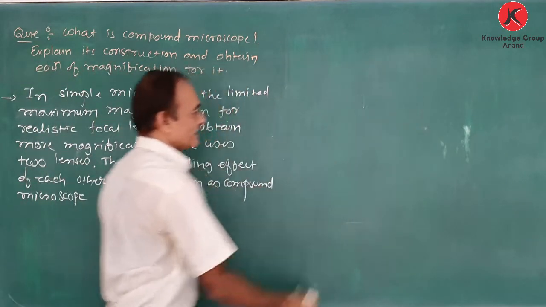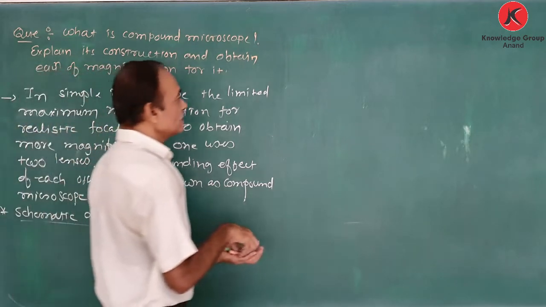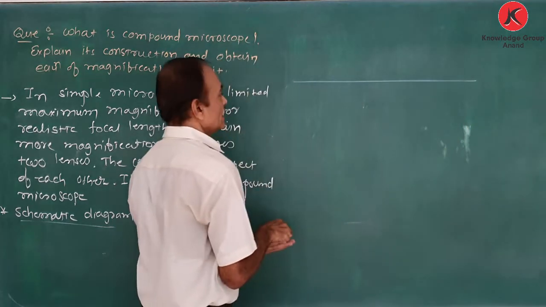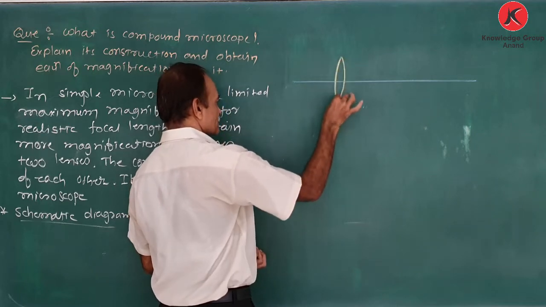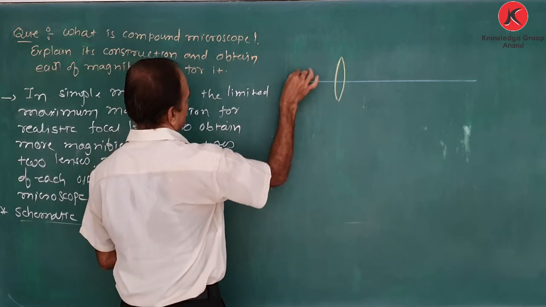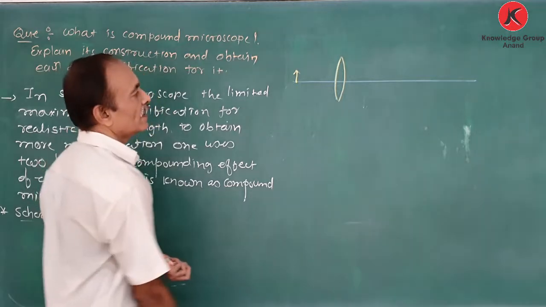Now, what is the schematic diagram of the compound microscope? We do the diagram here. That is the common axis of these two lenses. Here is one lens that is small in size, and the object is at distance u from this lens.